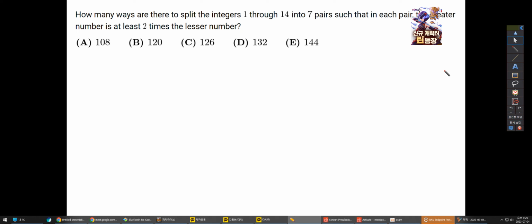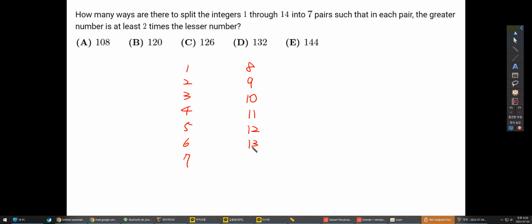The first group contains the small numbers, and the second group contains big numbers. So the first group contains 1 through 7, and the second group contains 8 through 14. And the greater number is at least 2 times the lesser number, so that means for number 7, 14 is the only choice. There is no other number at least 2 times greater than 7, except for 14.